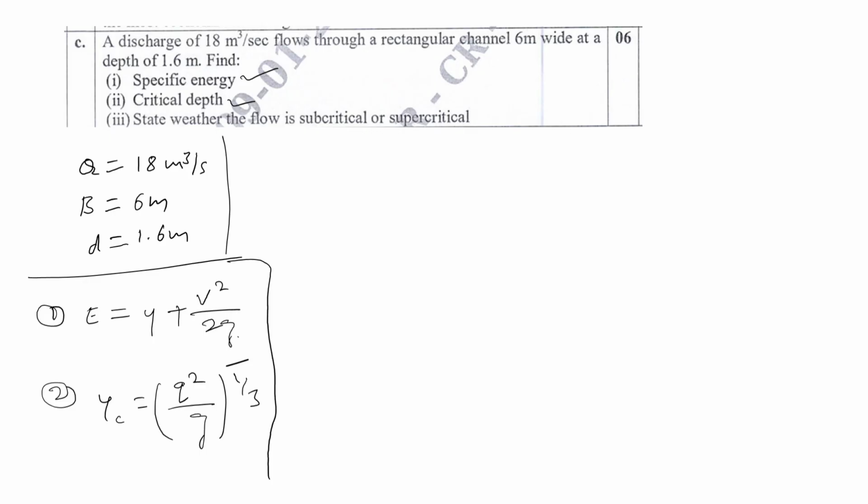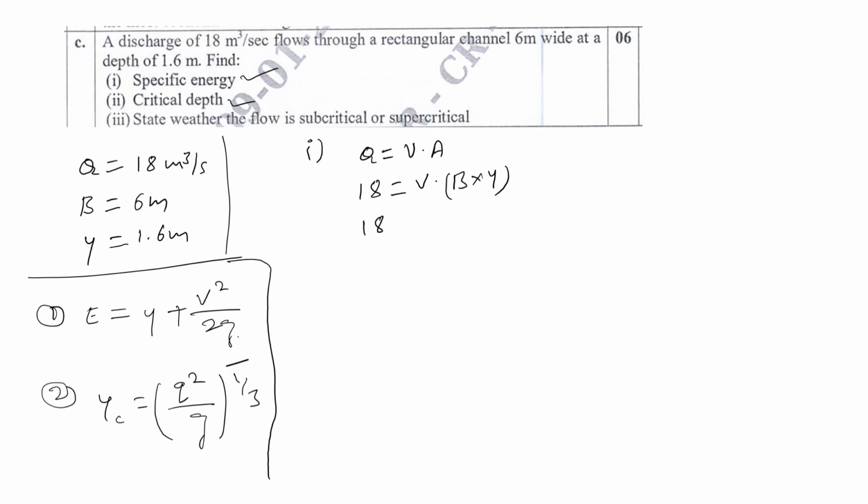Let's solve for specific energy. We know that Q is equal to V into A. Discharge Q is equal to 18 and we don't know the velocity, keep it as it is, and area is given by breadth into depth. I am considering here depth is equal to y.